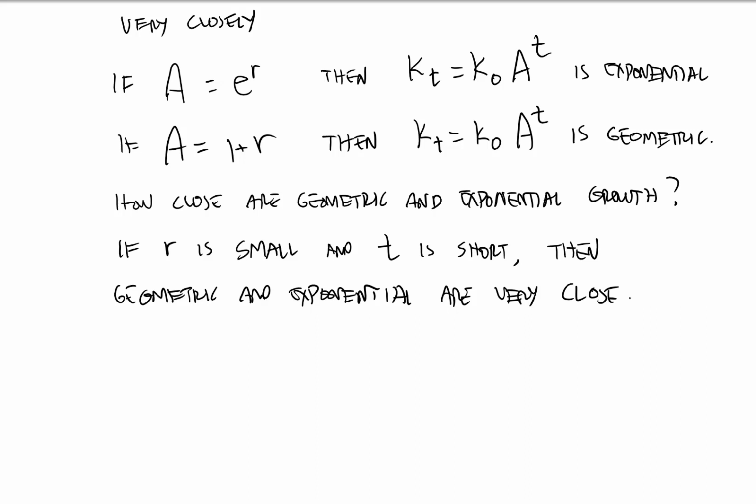I may or may not give you that problem later on, but for human populations, r tends to be small, and if we're looking at a few years, then the difference between the geometric and exponential models is quite small.